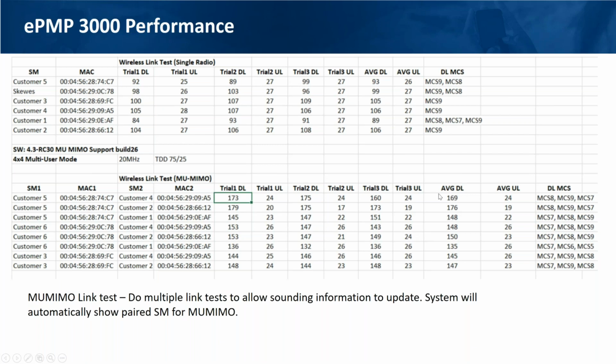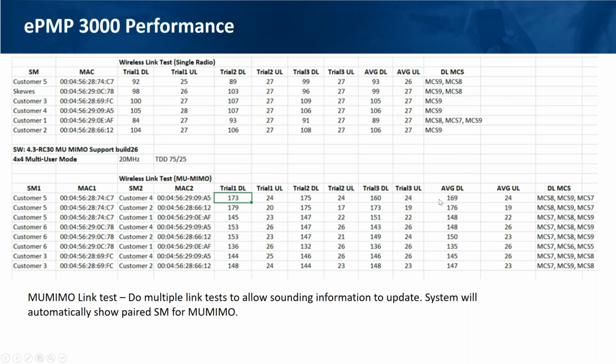The best way to think about this is that as MU-MIMO comes in, as you have the data to transfer, your overall AP capacity increases. And this is where your AP capacity has the potential to double if you have the right conditions. Let's say they were all in MCS9 with not a lot of noise, then you'd clearly see a doubling.